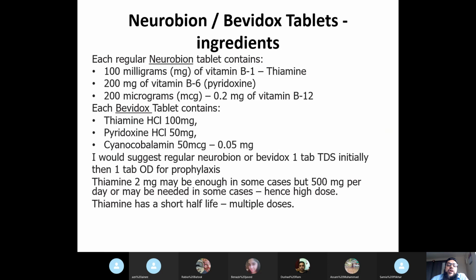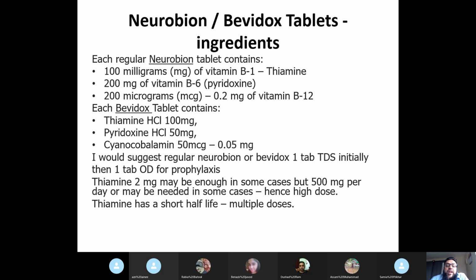Each regular Neurobion tablet has the same amount of thiamine, 100 milligrams. You have to give at least 1 TDS in the withdrawal state for 1 to 2 weeks.